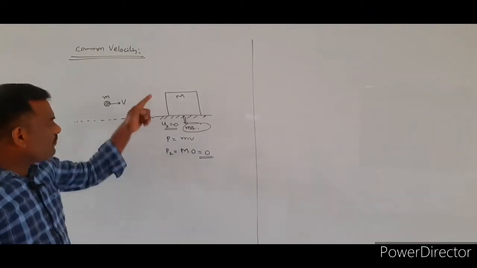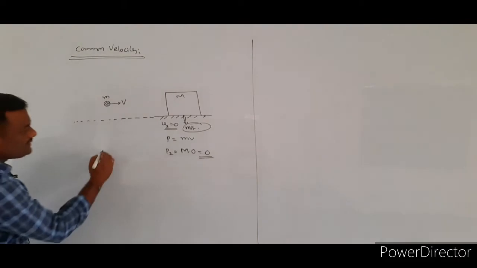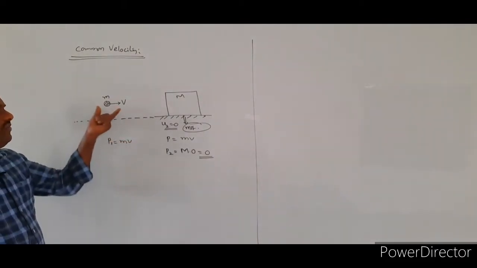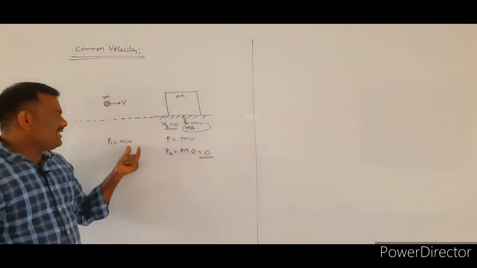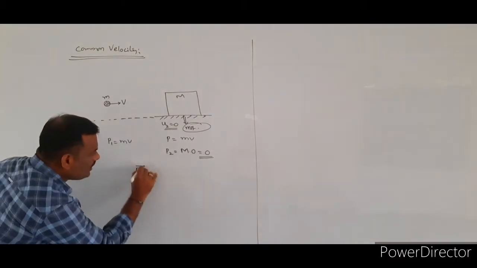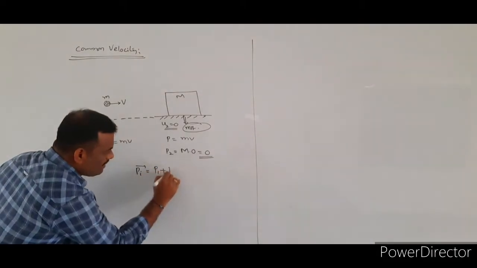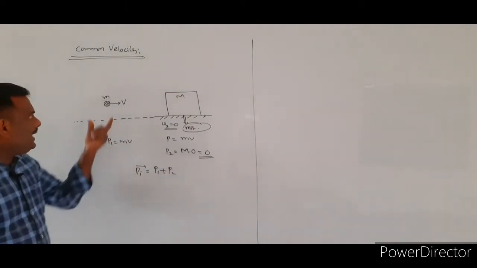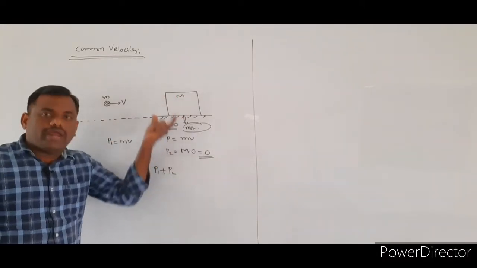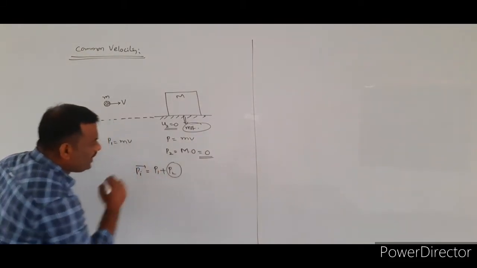So for that, we calculated the initial momentum of the block. Now I want to calculate the initial momentum of the bullet. Initial momentum of the bullet is equal to what? m into v. Its mass is equal to m, velocity is equal to v. So the total initial momentum of the system is equal to the sum of the momentum of the bullet and the momentum of the target, and the momentum of the target is equal to 0.